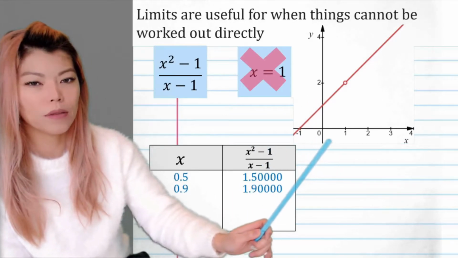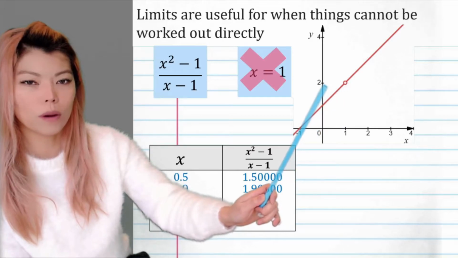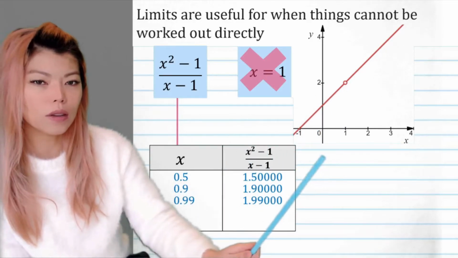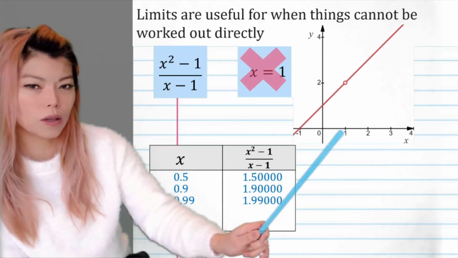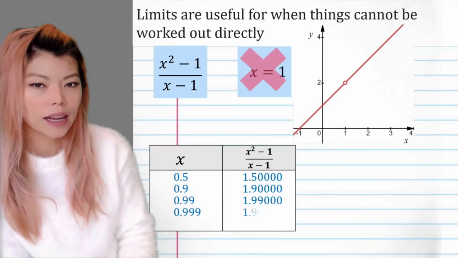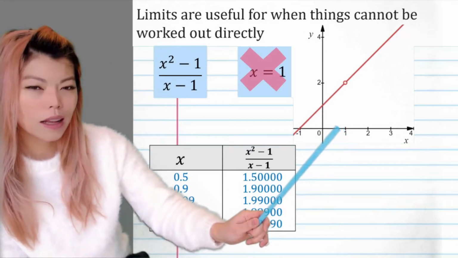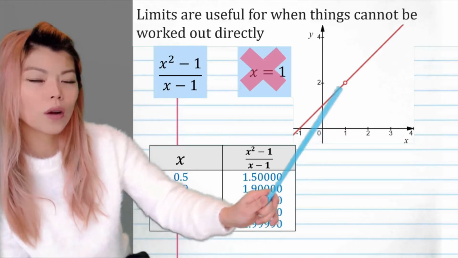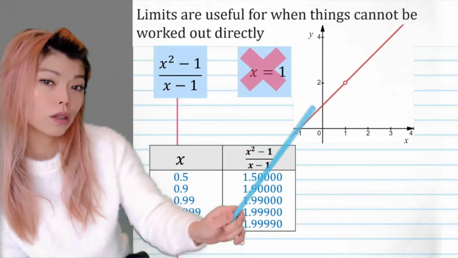We pick a number even closer, 0.9, and we can see that the y value is 1.9. And we can go even closer, 0.99. Imagine I'm zooming in and getting really close to this 1. And then our y value for that point is 1.99. If we went even closer and closer, like 0.99999, we can see that we're getting really close to 1.9999, really close to 2.